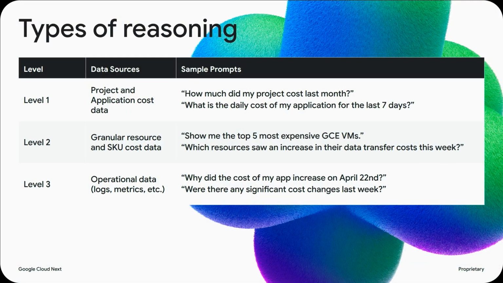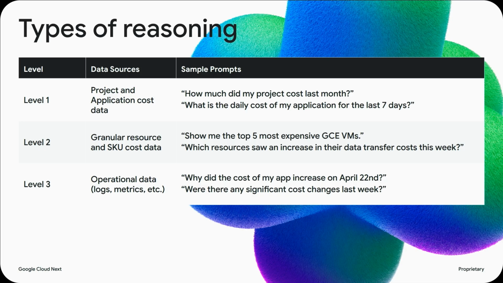To give you a sense of the reasoning types that Gemini can perform for you now, let's take a quick example. You can ask about costs at the project or the application level and ask things like, hey, Gemini, how much did my application cost me over the last week? That was something that Fahd showed earlier.